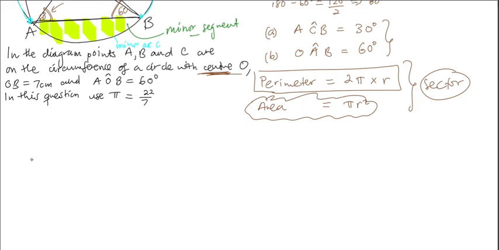The length of an arc. This is part C. What you can simply do is first write the formula of the whole circumference, which is 2 pi times the radius.